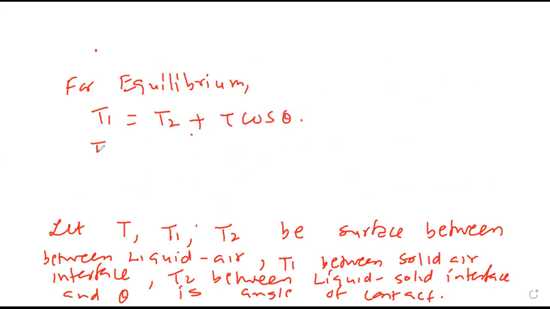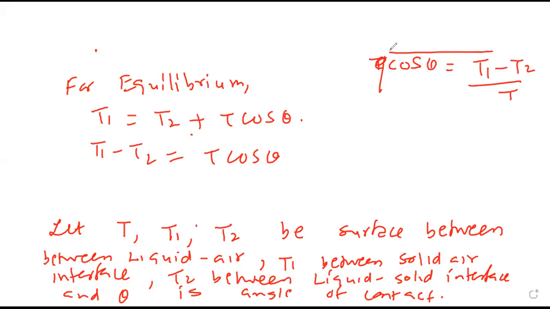So T1 minus T2 is T cos theta. Can we say that cos theta will be T1 minus T2 upon T? Just copy this much first, then we'll discuss.